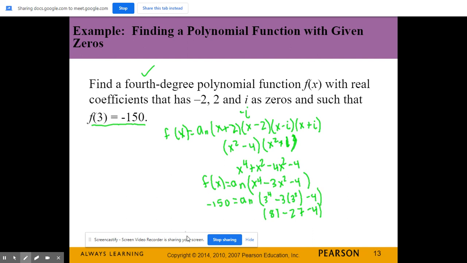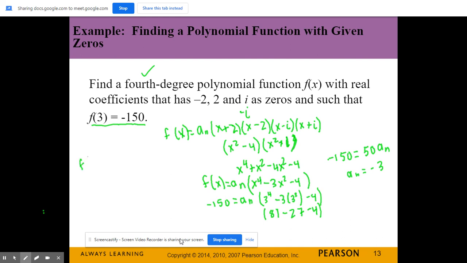So now I've got, let's write it up here, negative 150 is equal to 50 a sub n. So when I divide by 50, I get a sub n is equal to negative 3. So now when I go back to that original function, a sub n is negative 3.